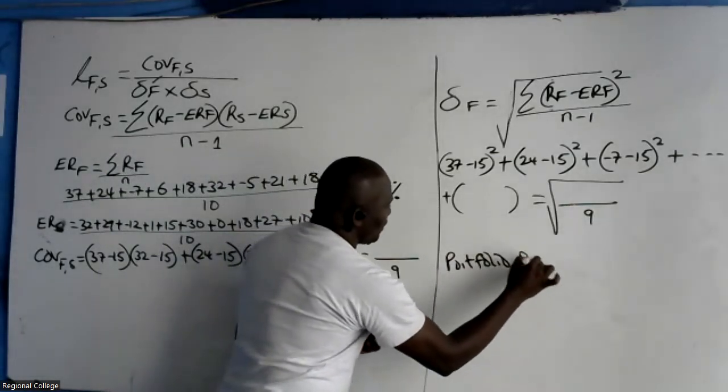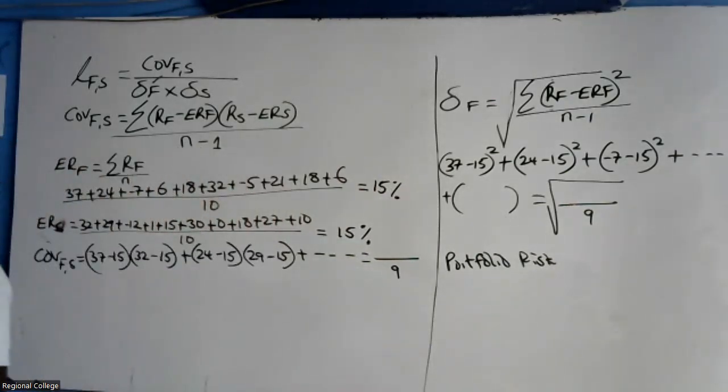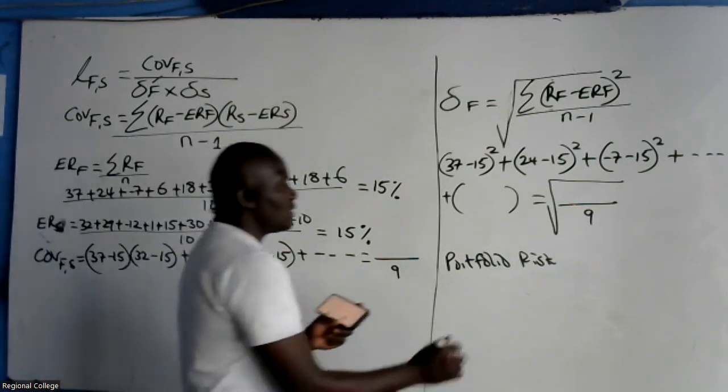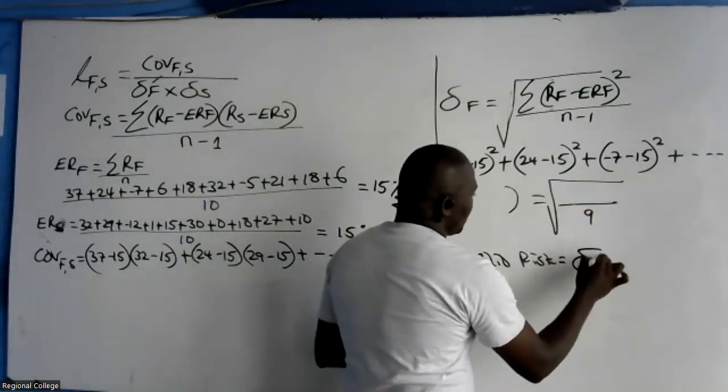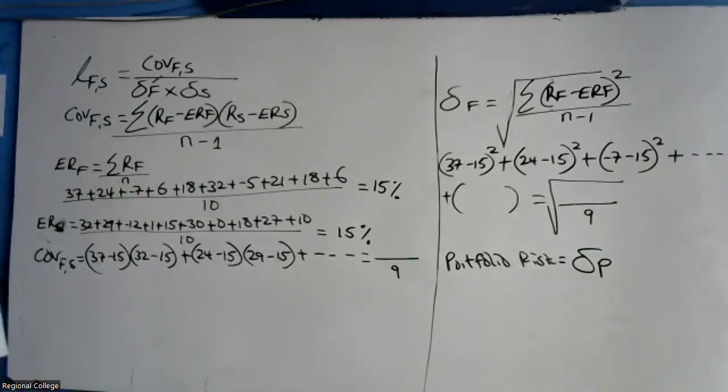Then, because I know that one will finish, what of the portfolio risk? Just remind ourselves. Portfolio risk equals the standard deviation of the portfolio. Looking at part 2, what are the weights?